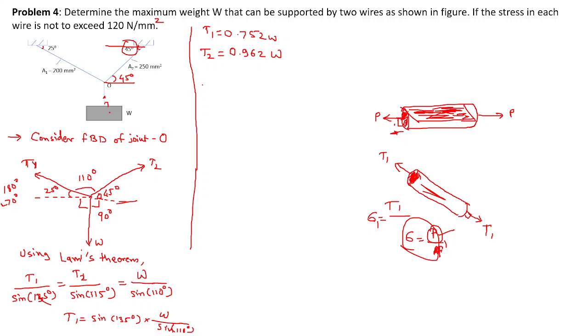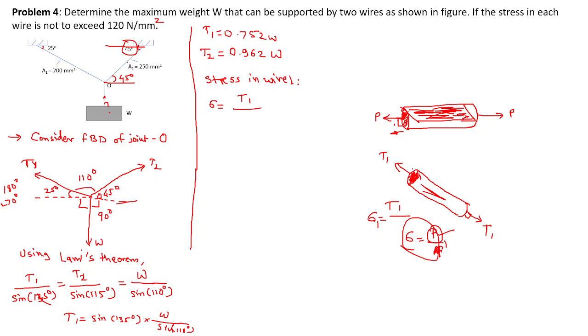Stress means we can find stress in the wire, this wire also. So we first take stress in wire 1. What will be the formula of stress? Stress is equal to the simple formula T1 divided by A1.